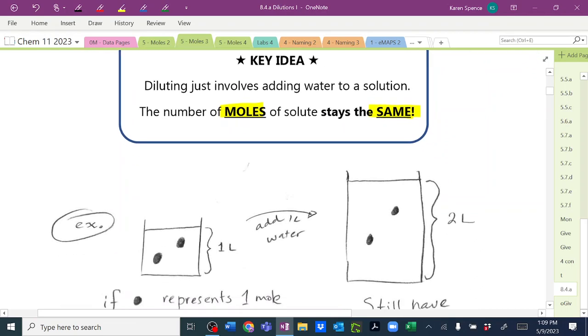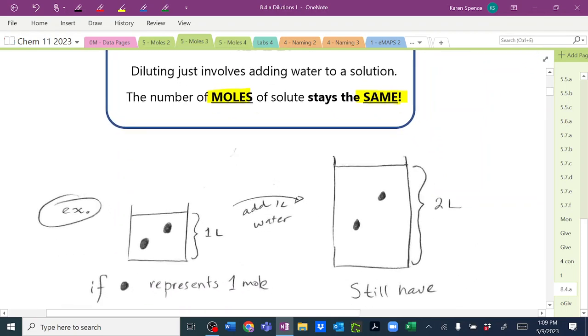So let us take a look at this little picture here. We have 1 liter. And it contains, let's say that each of these little dots represents 1 mole. How many moles do I have in here?